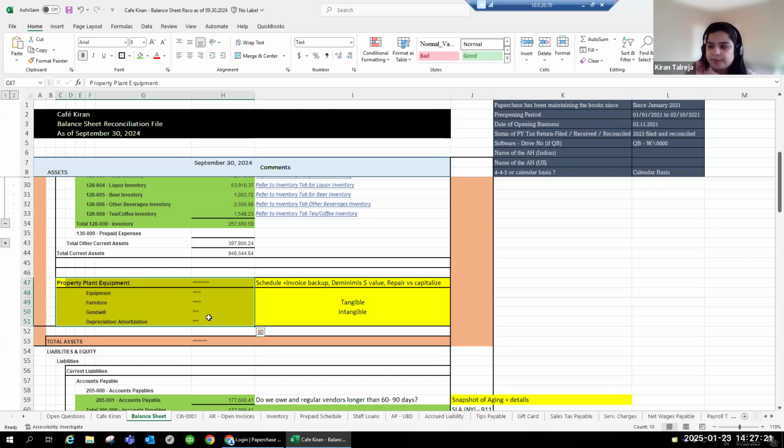Non-current assets, fixed assets, can also be tangible or intangible. A lot of times you would have goodwill, your website, your social media handles that have much more value that you can assign dollar values to. And this also is subject to depreciation and amortization. Depreciation and amortization, again, is not an expense that you can control.